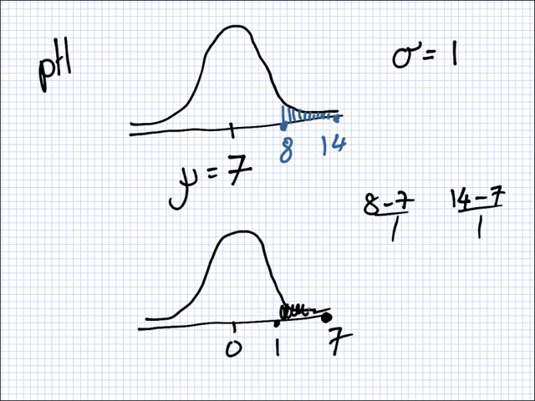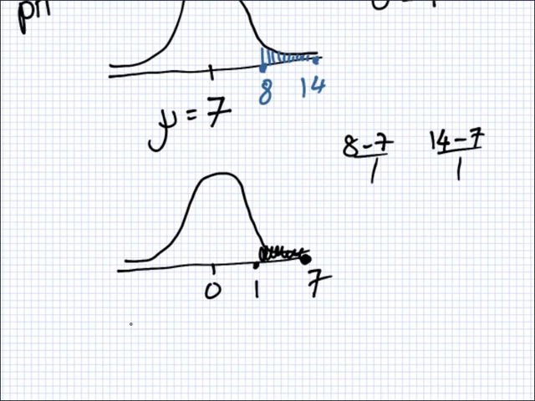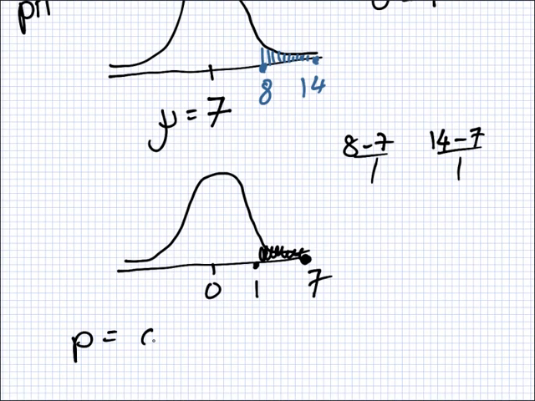So if I want this area, what do I do now? Table value 7 minus table value 1. Now what is the table value of 7? What's the biggest value they have? 3.9. And what is the area for 3.9? 1.